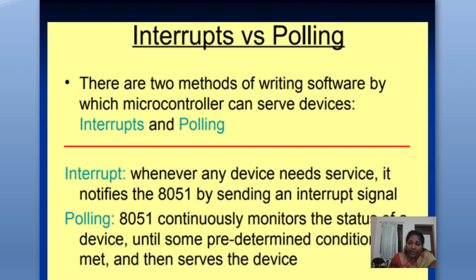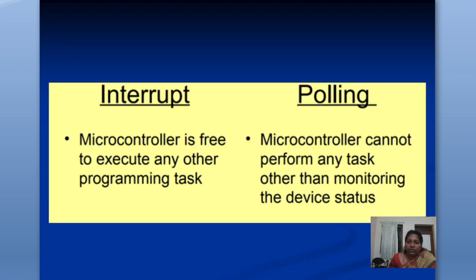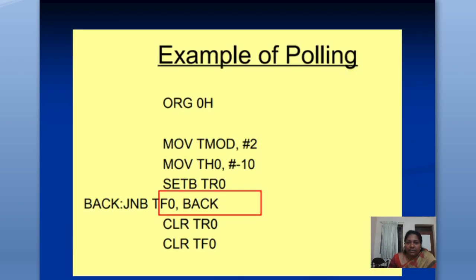So what happens? My work gets stopped. I don't take class. I'll just be waiting to see if a person is coming and I'm going to allow him inside. That is the main difference between interrupt and polling. So interrupt automatically comes. You don't have to keep waiting. That is the basic difference.